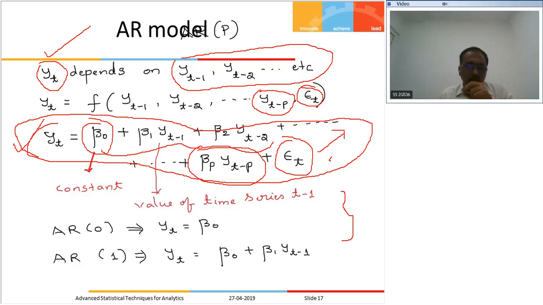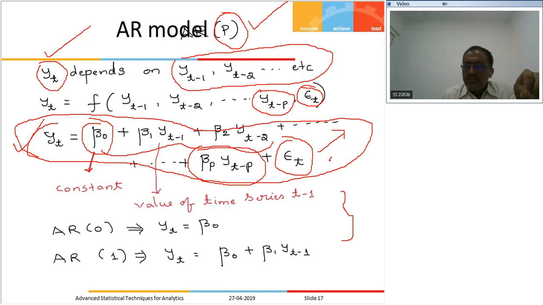The important point that comes to mind when we try to implement this is what p we have to decide. That means up to what value of p we have to consider when we fit the AR model.